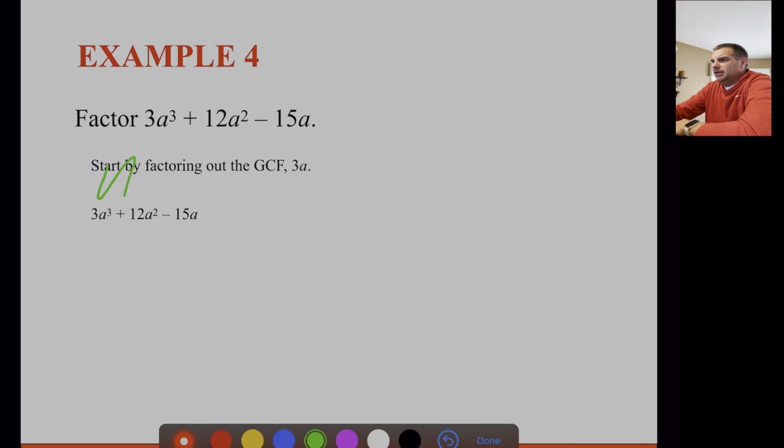Remember, when you get something like this, we talked about in the first section, 6.1, always factor out a GCF. In this case, the GCF is 3a. If you take out that 3a, that gives you a squared plus 4a minus 5.